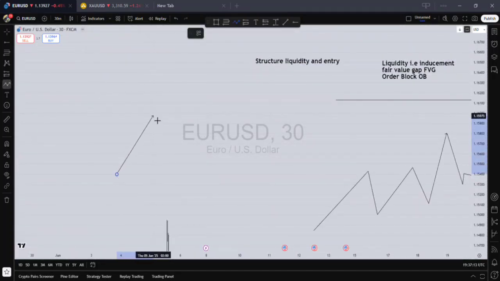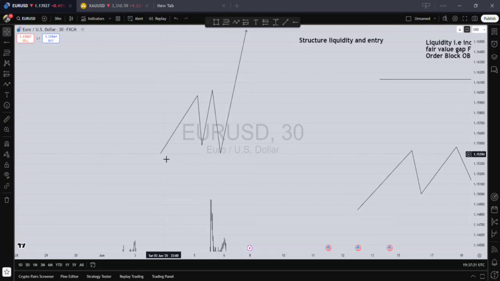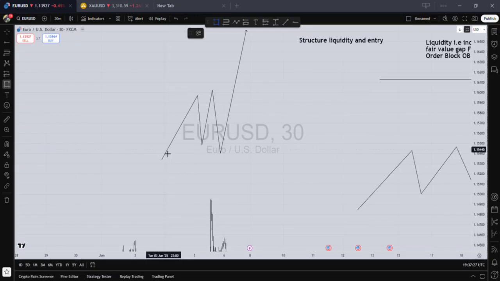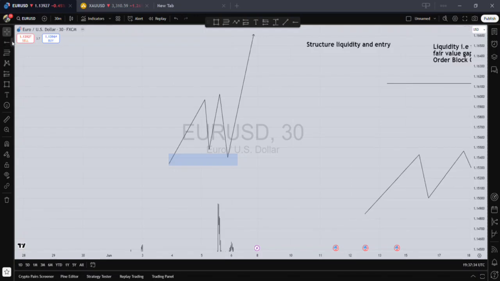So first price forms a leg and then the inducement is formed. So we have our order block. So this is our order block here. I've explained my kind of order block for you guys.